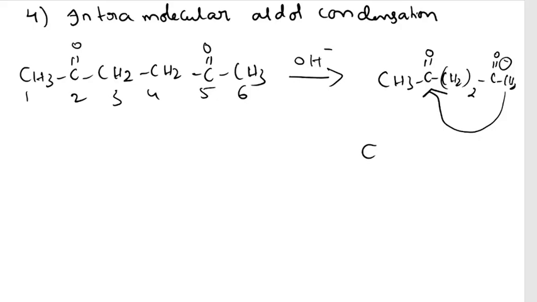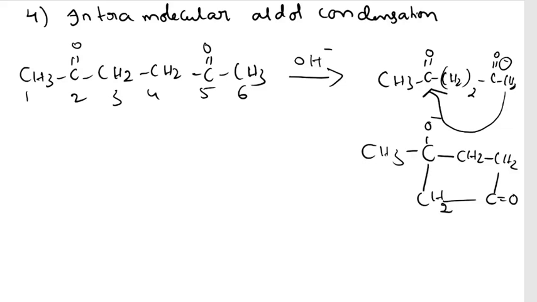I am going to write CH3, the same CH3 here, and let it be the same C where the alkoxide ion is produced, and the remaining CH2s I am going to write here, CH2, CH2, and then the C double bond group. Then whatever CH2 is there readily attacks this carbon atom.